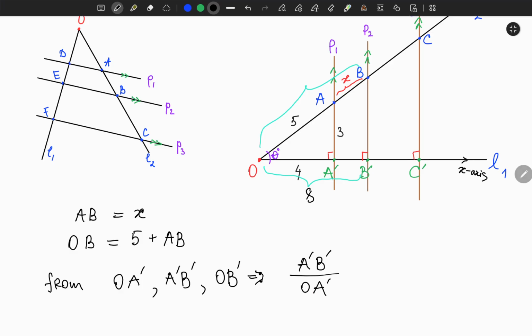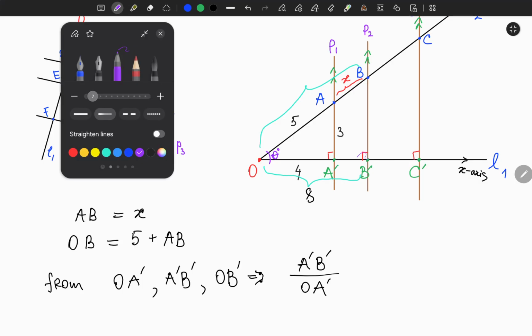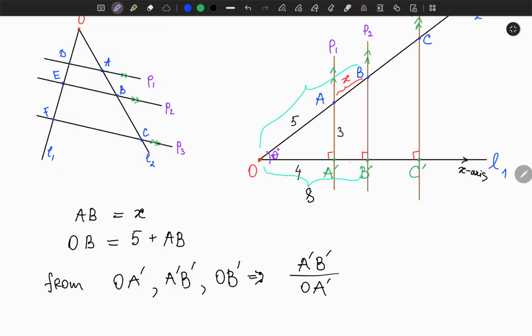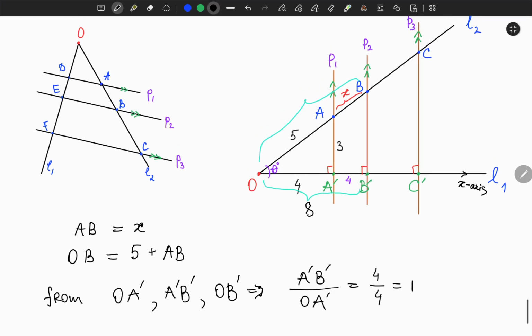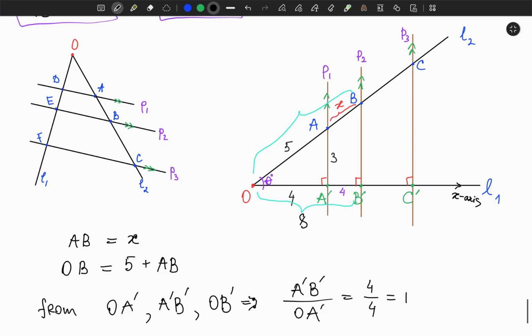Now by the subtraction law we know that this part is going to be what? 4, because 8 minus 4 is 4. Okay, so what do we get? We get 4 over 4, which is 1. This is good. Now by the ratio and the property of the foundation of the parallel.